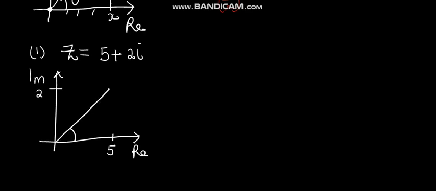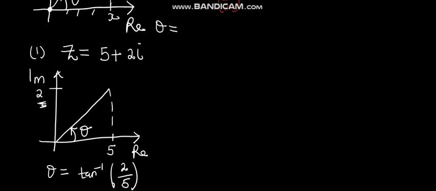So we need this angle, which is theta, and we say that theta is equal to tan inverse of the imaginary, which is 2, out of the real, which is 5. What is tan inverse of 2 out of 5?